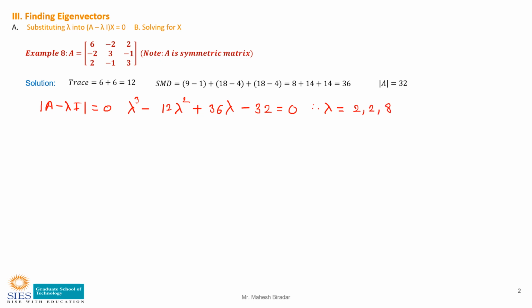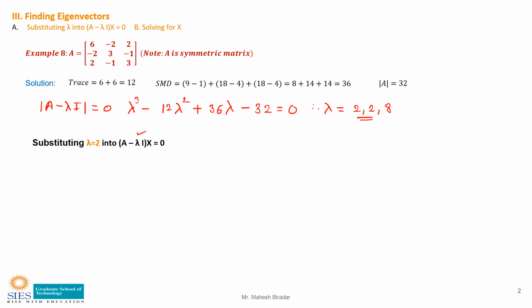So here one of the eigenvalues is repeated twice, that is lambda equal to 2. Now let us find the eigenvector associated with lambda is equal to 2, which is repeated twice. So substituting lambda is equal to 2 in the equation (A minus lambda I) x is equal to 0.